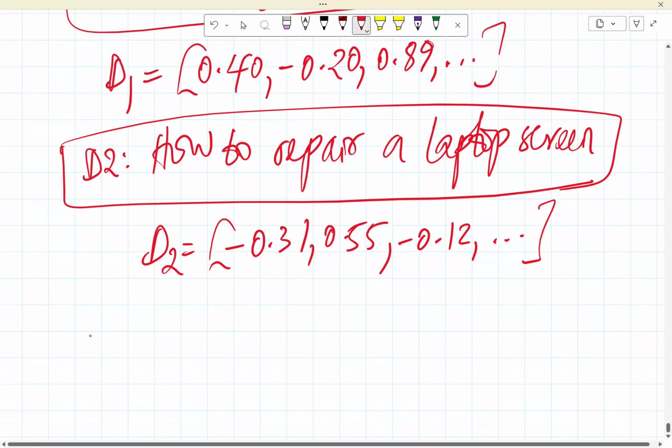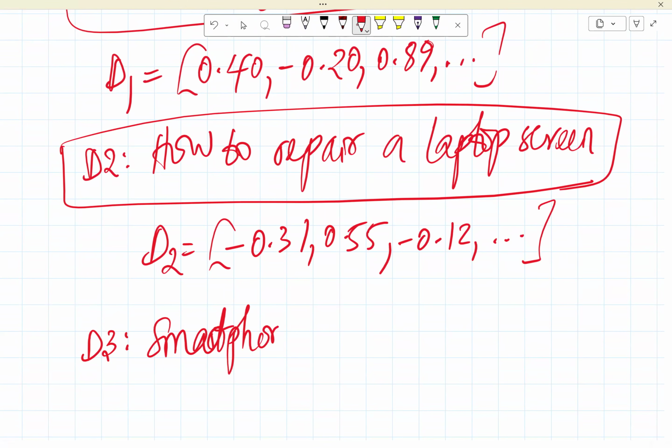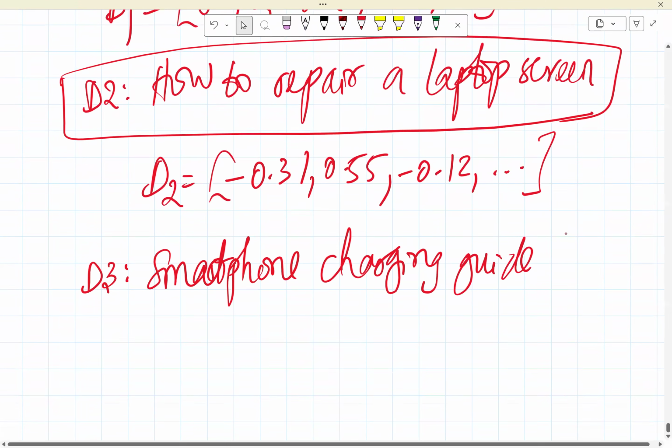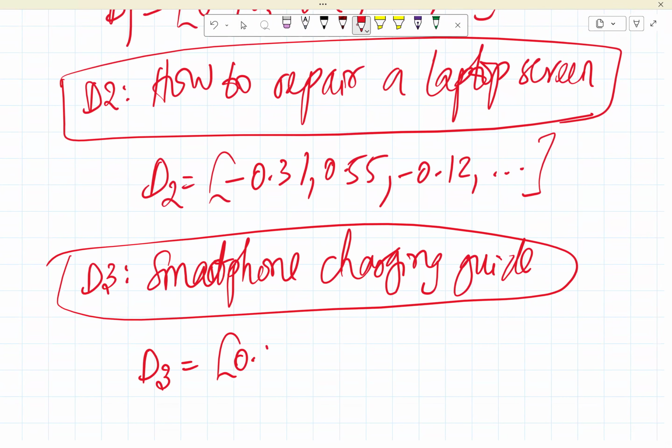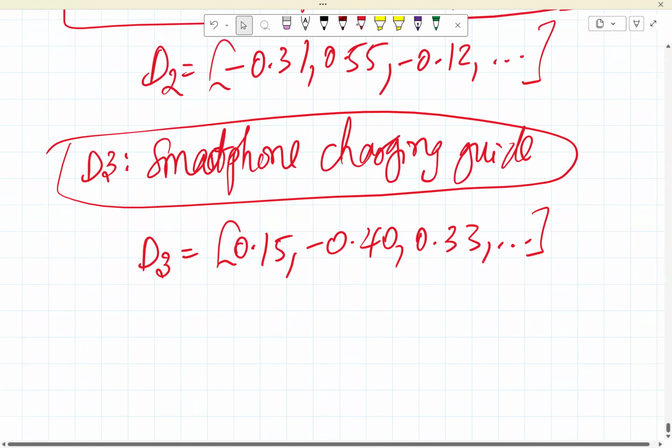Then we have a third document, say D3, which is "smartphone charging guide." So D3 is 0.15, minus 0.40, 0.33, and so on and so forth. That is the embedding for the third document.